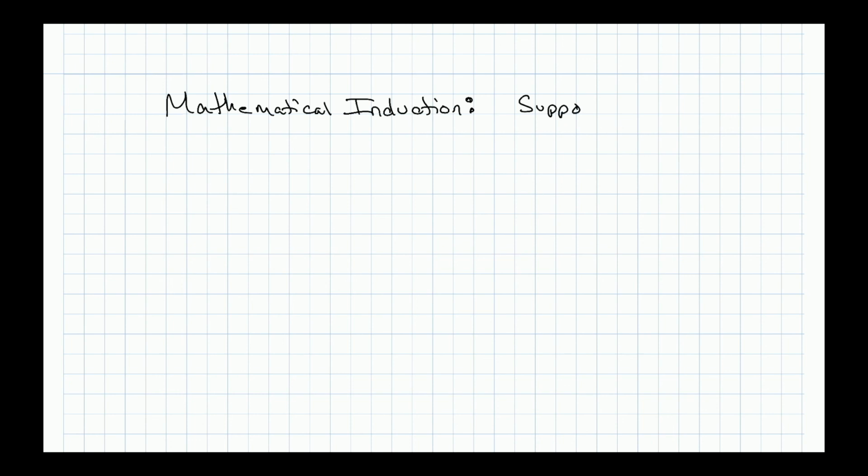Suppose, I'll write it like this. Suppose we want to show, we want to prove P of n. So when I say P of n, I mean true. So I'll even say that. I'll say we want to prove P of n true for all n equals 0, 1, 2, 3, dot, dot, dot. Okay.